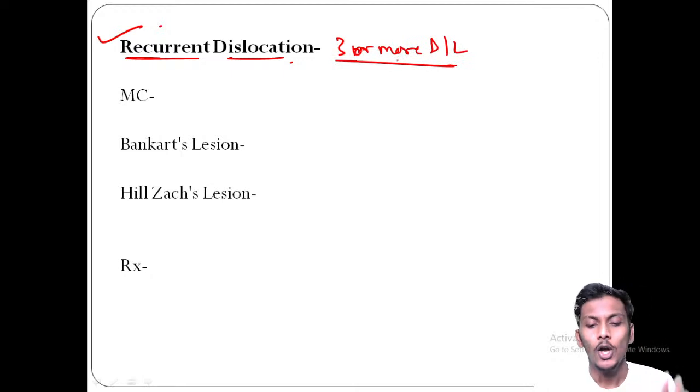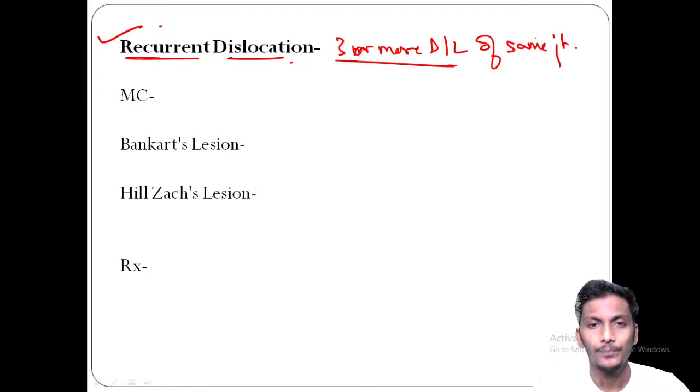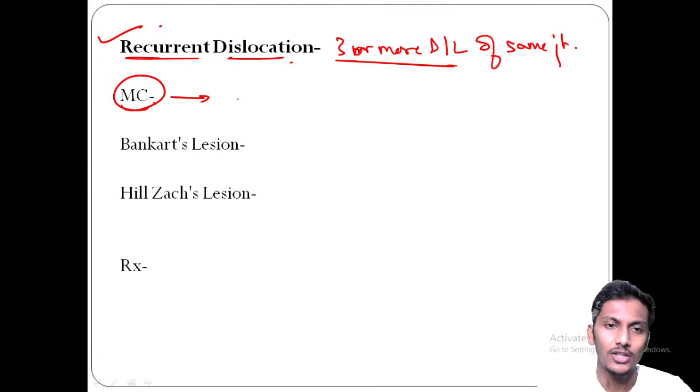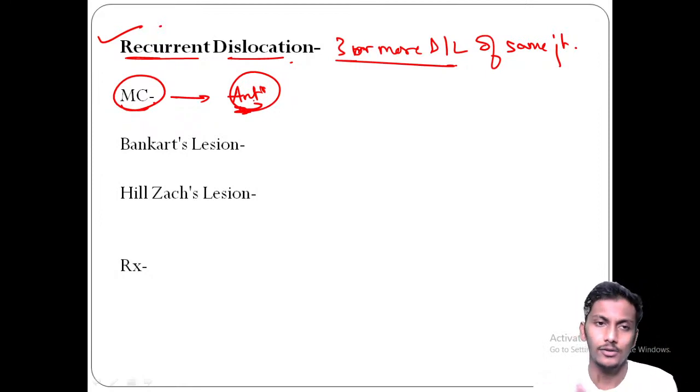If there is 3 or more times dislocation of the same joint, this is classified as recurrent dislocation. The most common type of dislocation in the shoulder is anterior, and the most common type which undergoes recurrent dislocation is also anterior dislocation.